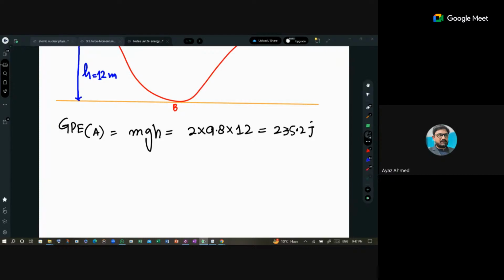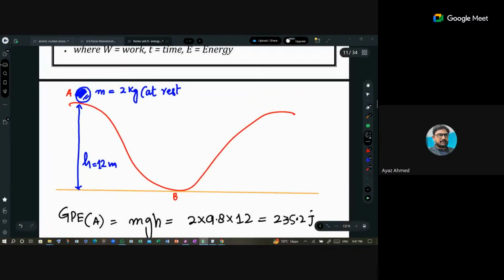So this body is having 235 joules of energy in the form of gravitational potential at this position.